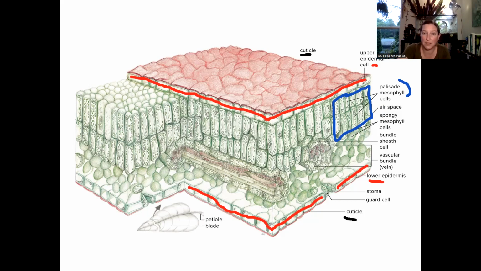Under the Palisade Mesophyll, and I'll do this in pink, is a looser layer of mesophyll cells, which is called the spongy mesophyll. So epidermis, and then the mesophyll. Top part of the mesophyll is the Palisade Mesophyll. The looser, less organized bottom part of the mesophyll is called spongy mesophyll.